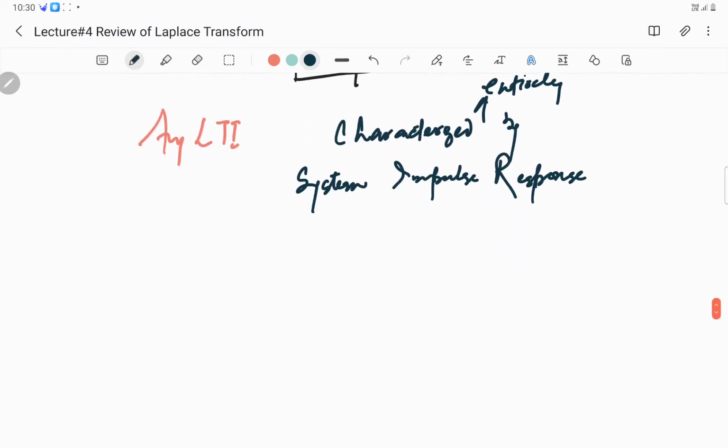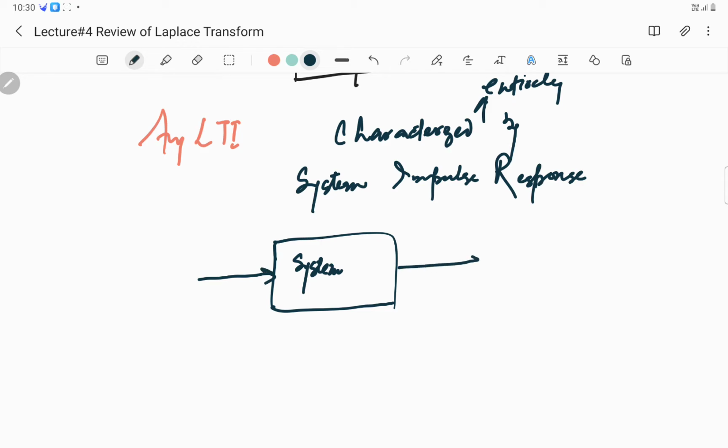That means, say for example, I have a system. I apply an impulse. An impulse is designated by delta of t. When I apply an impulse to the system, the response or the output that the system produces is called the impulse response.